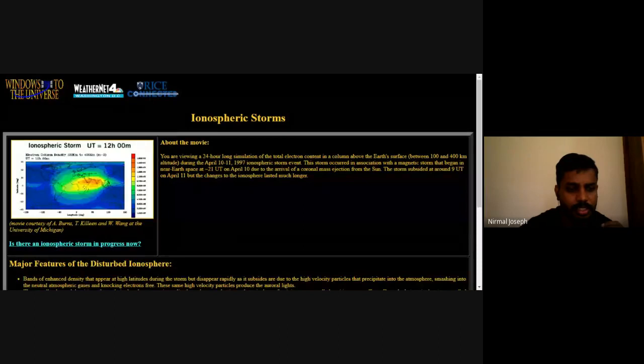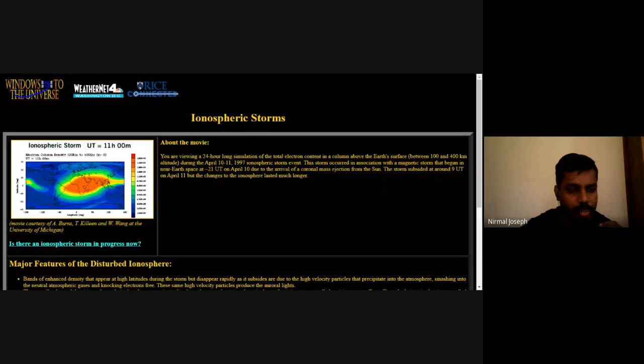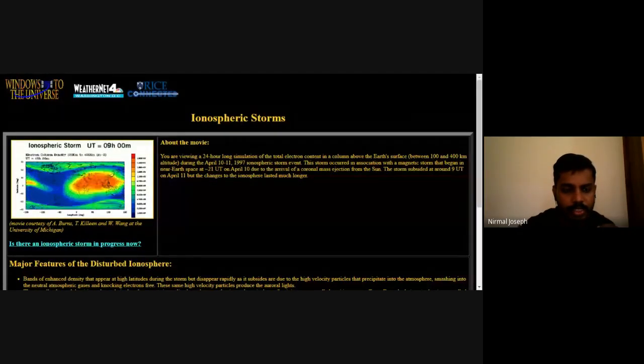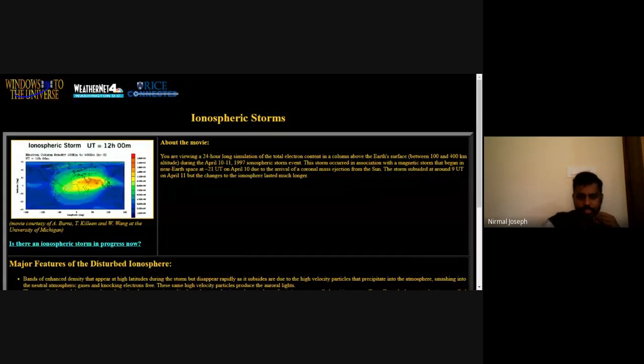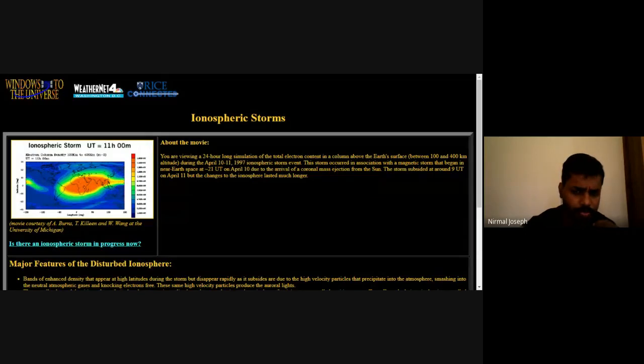That increased ionic density is flowing like a storm above the globe and circulating. UT means universal time. You can see with respect to each hour how the storm is coming and going. It occurred during 10th April to 11th April.